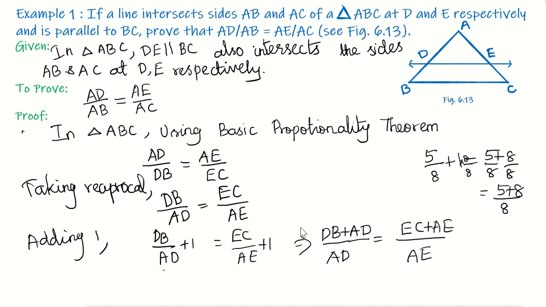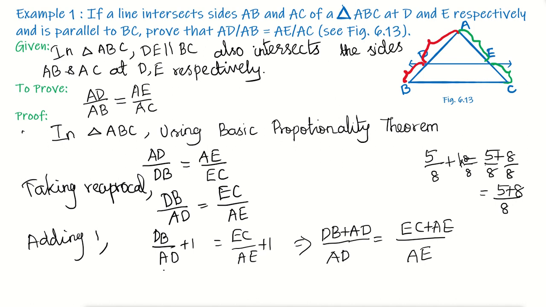Is it? So what is the sum of the two segments? DB is this portion, and DB plus AD is the next segment. So when we add these two portions, you will get the whole side AB. Like the same for the other side, that is EC plus AE. EC is this portion, AE is the other one. When we add these two, we get the whole side AC.